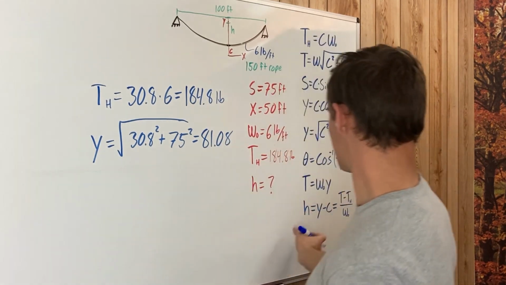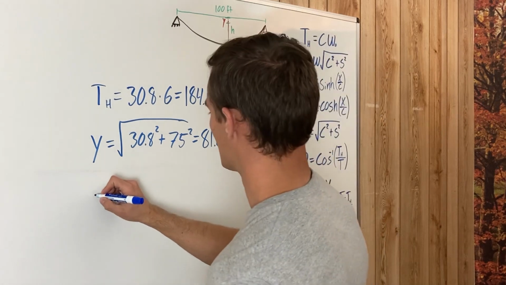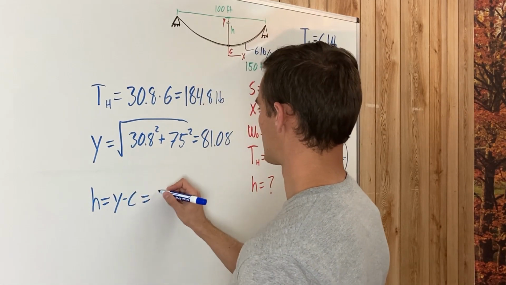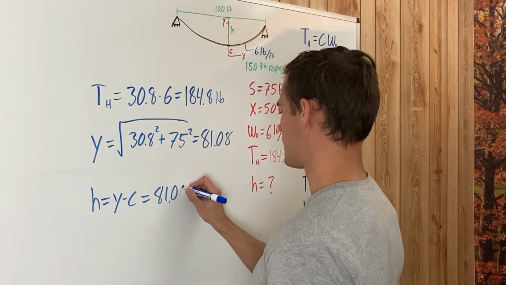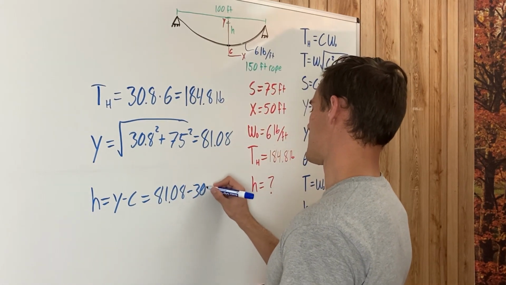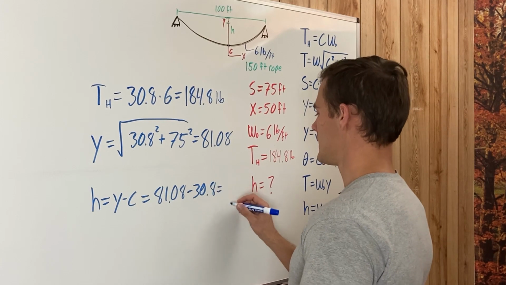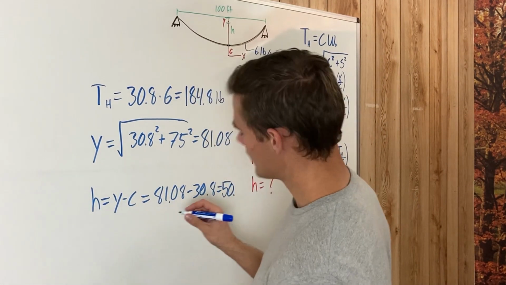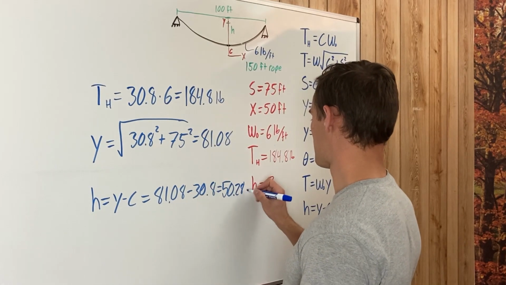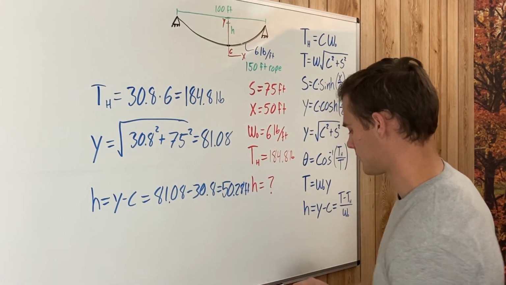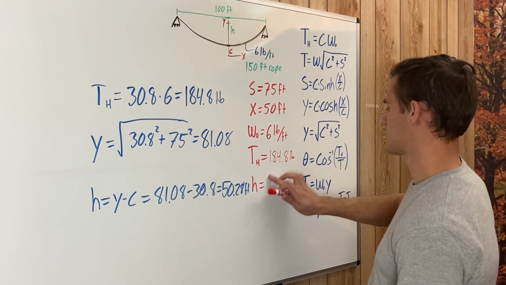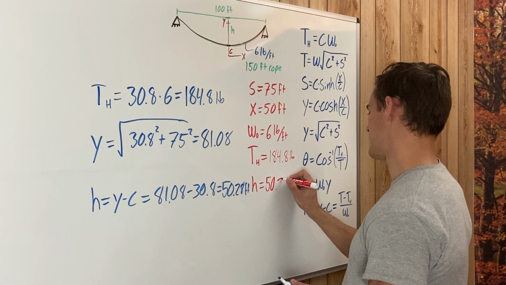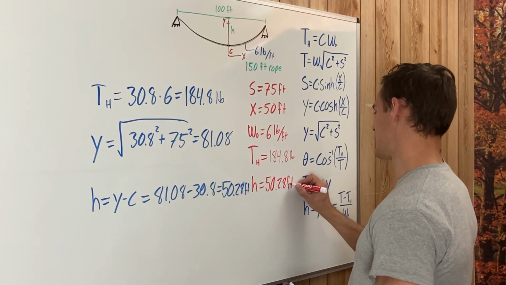Then using this equation, H equals Y minus C, you get 81.08 minus 30.8 equals 50.28 feet. So that is our sag in our cable, and we'll just write it here, 50.28 feet.